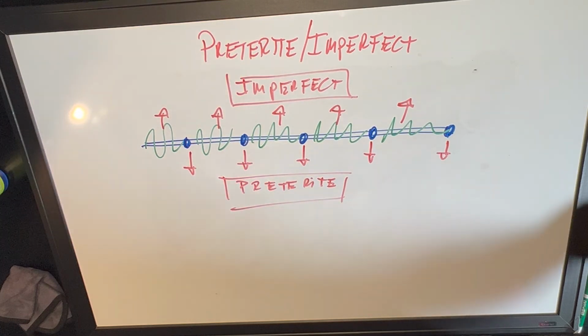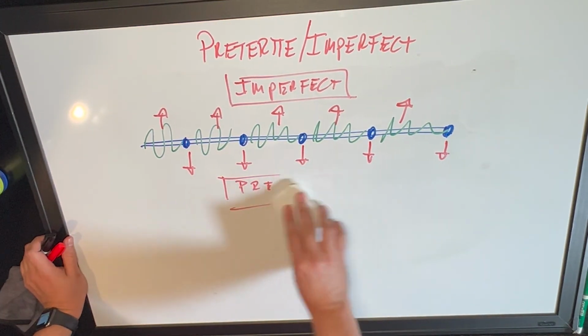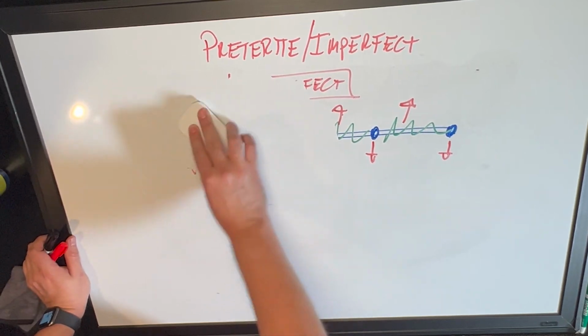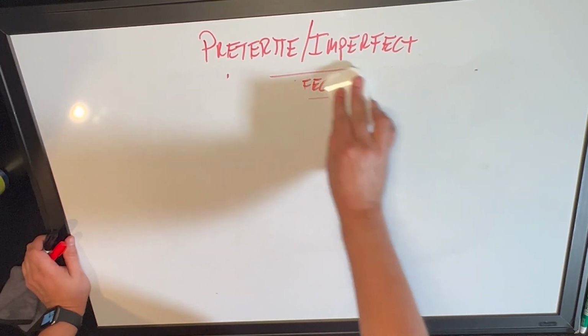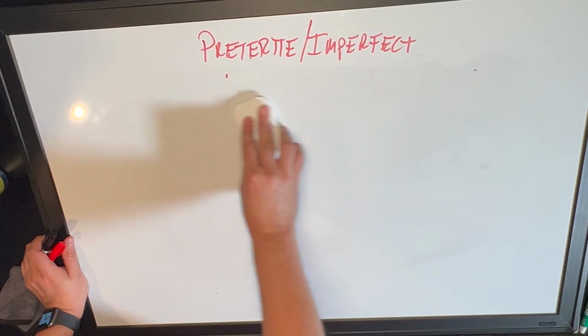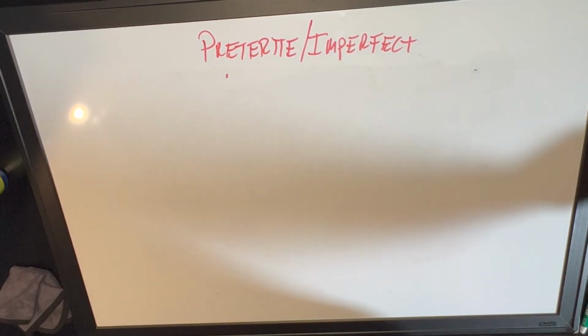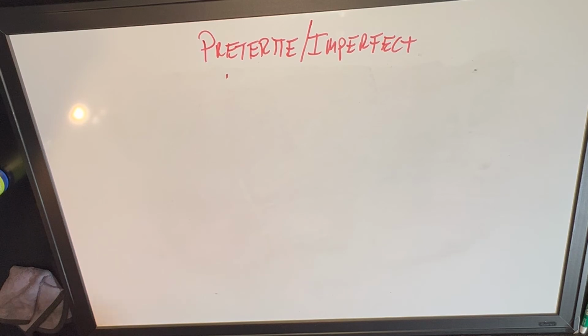Okay? Now, there is a situation in which I have to use both the imperfect and the preterite. And in your book, in your page 42, you have an example of the different uses of the preterite and imperfect together. But I want you to pay attention, because now I'm going to explain a very common case that we call simultaneous actions.